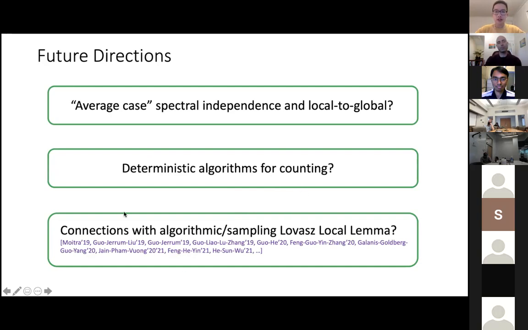And are there any connections with the recently emerging field of studying the sampling version of the Lovász local lemma? There are also lots of other interesting questions, but these are just a few that I wanted to highlight. It would be great to see progress on any of these.